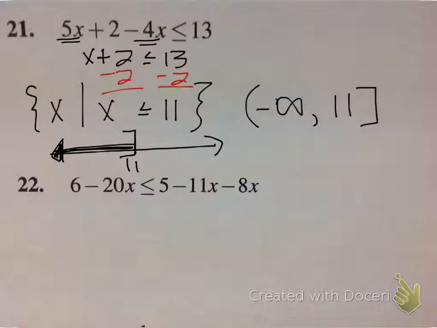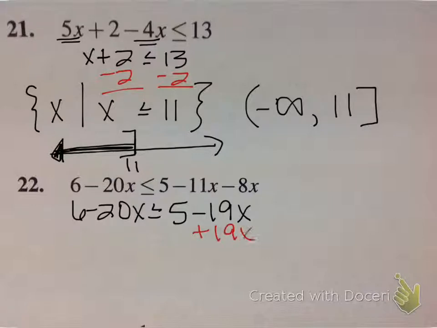Okay, let's solve number 22. On the right, I can combine some like terms. I have negative 11x and negative 8, so it's a negative 19x. Then I would need to collect all of my variables on one side. So I like my variables to be on the left, especially with inequalities.